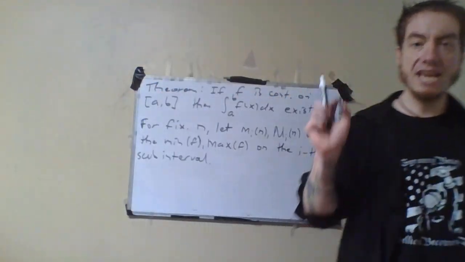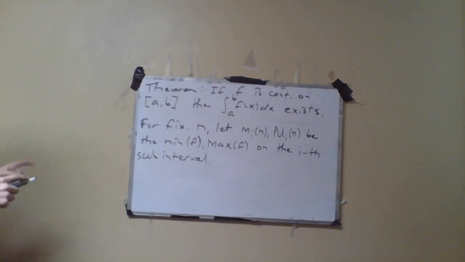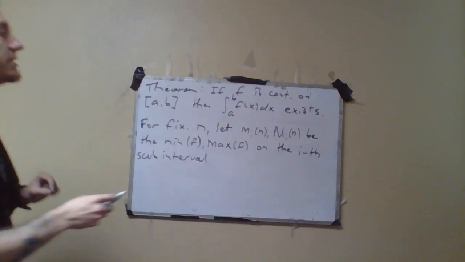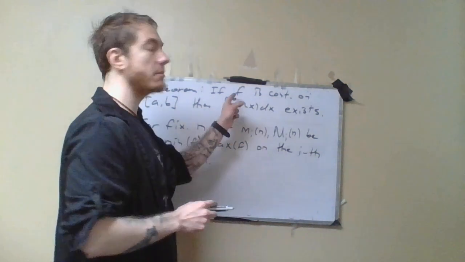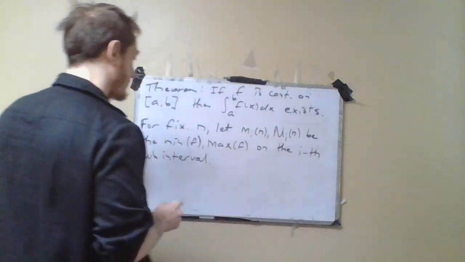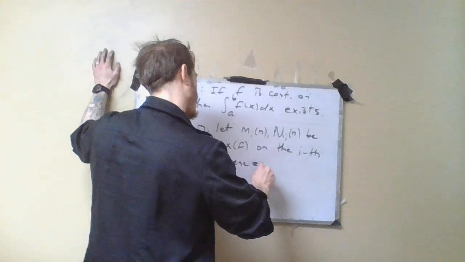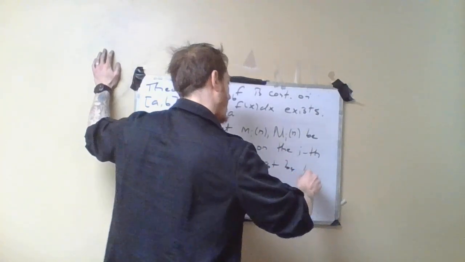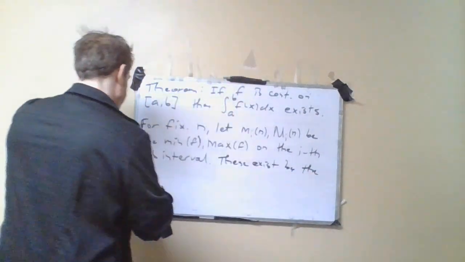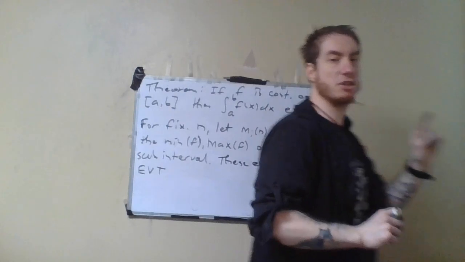In other words, you take the interval a to b and you cut it up into n pieces, and then on each one of those pieces, little m_i is the minimal value of f, big M_i is the maximal value of f. These exist by the extreme value theorem, because this is a continuous function.